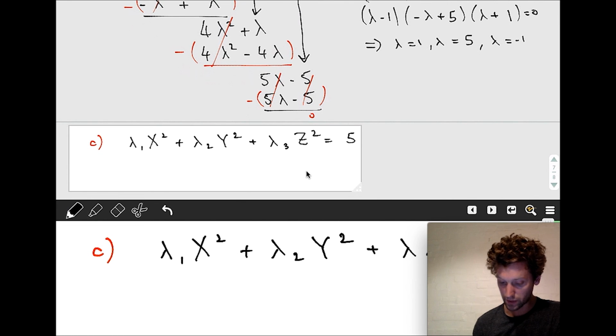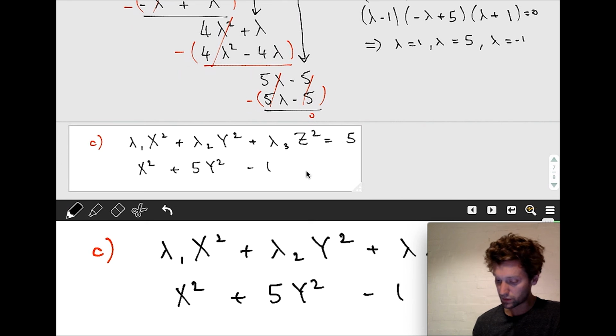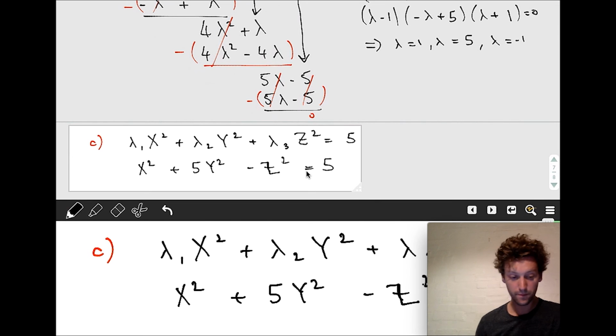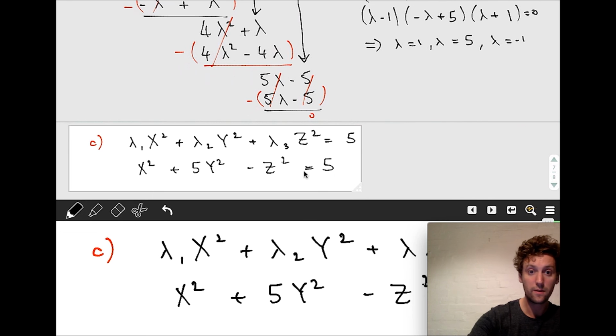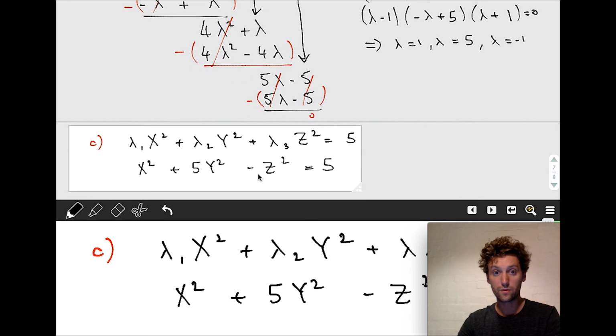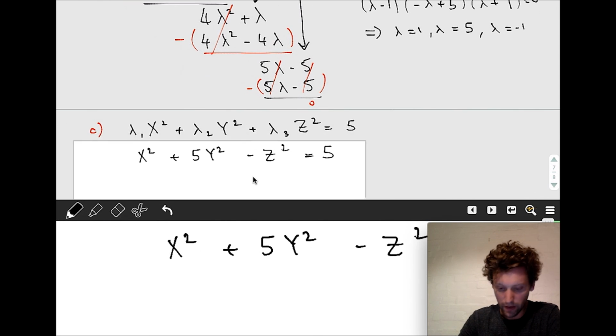I've got 1 times x squared plus 5 times y squared minus 1 times z squared is equal to 5. So this is the surface that I'm trying to describe. We notice that there is a minus sign in front of the z squared, which means that there's not going to be a solution on the z-axis. So I can try and sketch what this thing would look like.